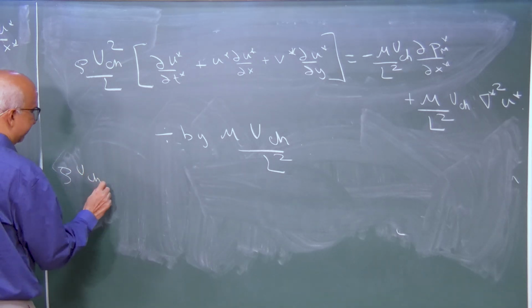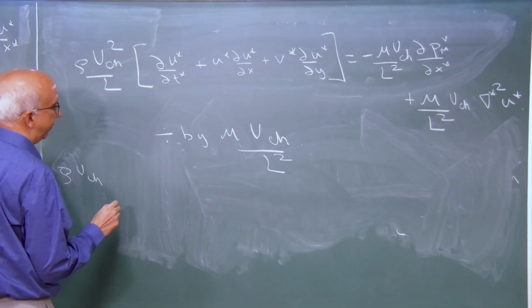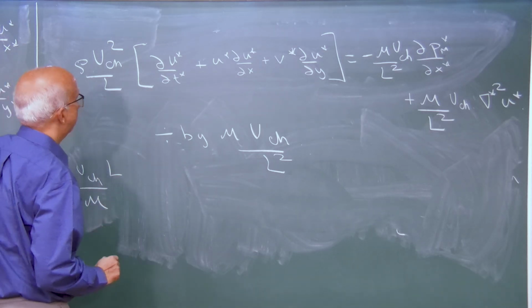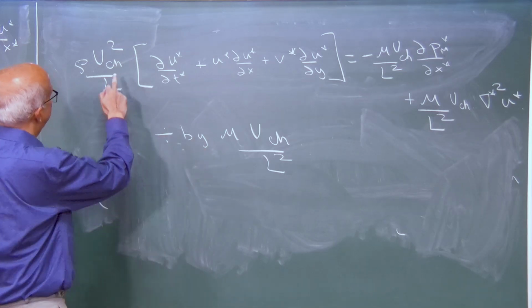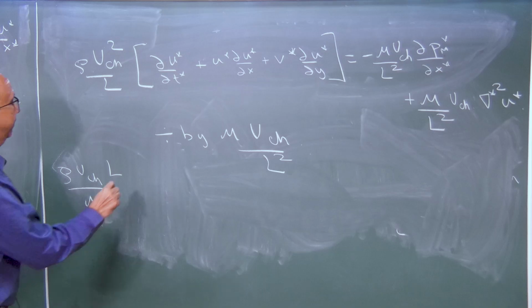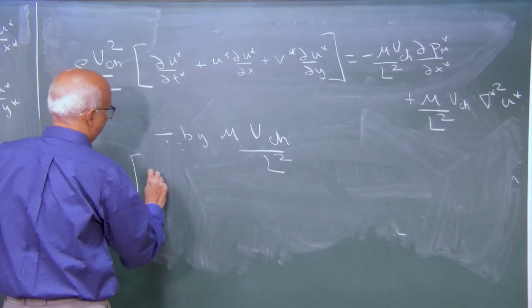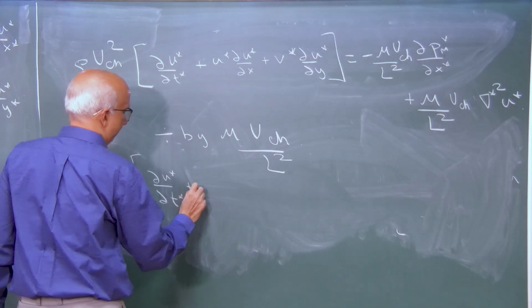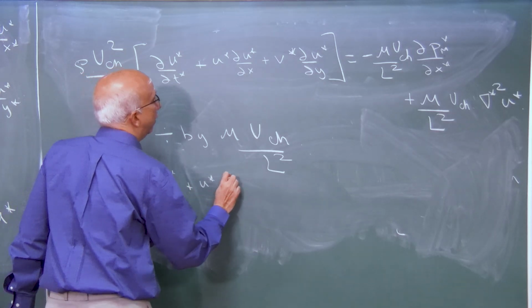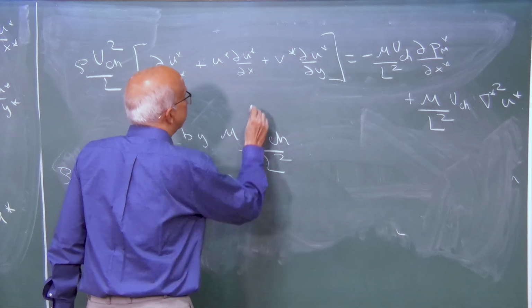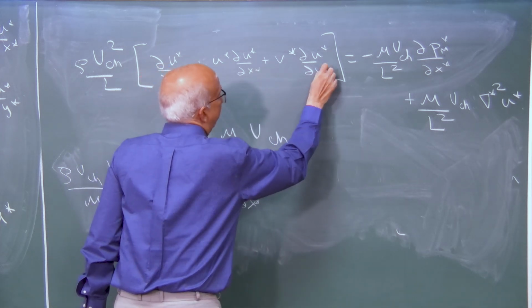Rho times u characteristic times L by mu, okay, because I am just dividing this term by this, I will get that times du star by dt star. This is a star, huh? I am forgetting to put the stars.